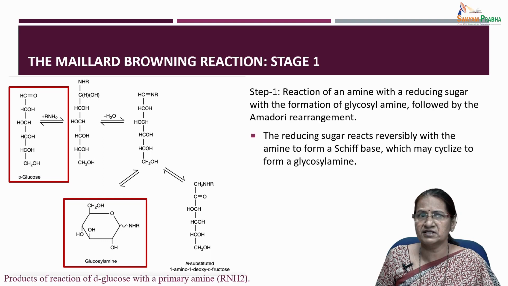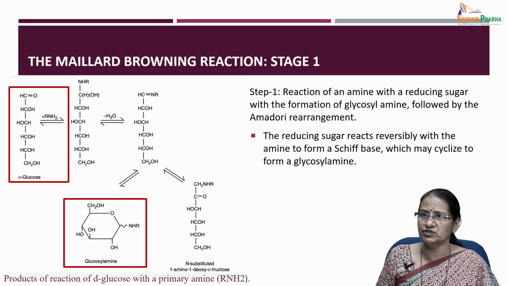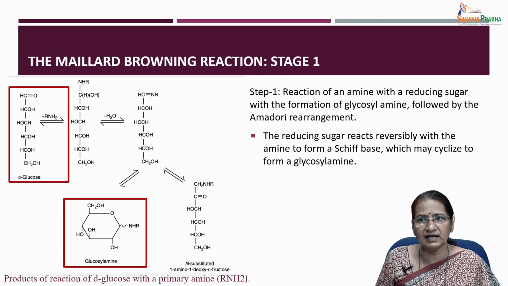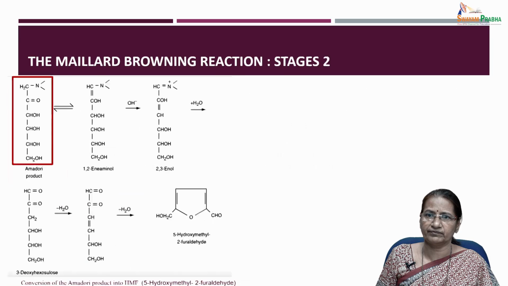Now, the step 1 is reaction of an amine with a reducing sugar with the formation of glycosylamine followed by the Amadori rearrangement. The reducing sugar reacts reversibly with the amine to form Schiff base, which may cyclize to form a glycosylamine.